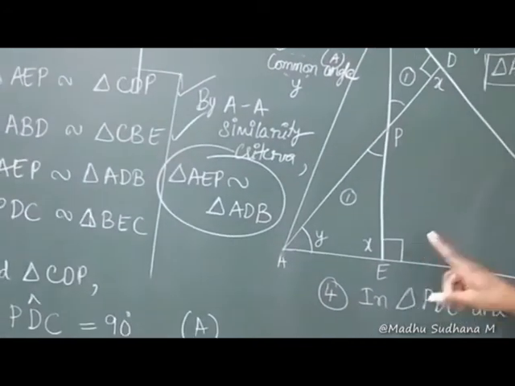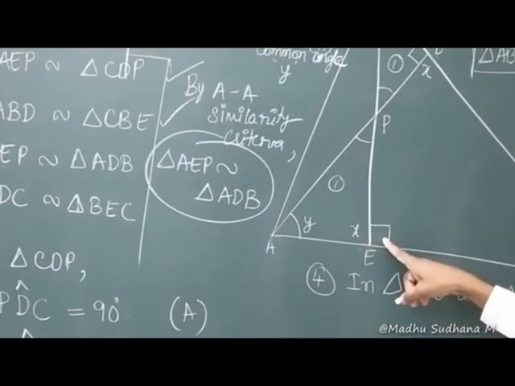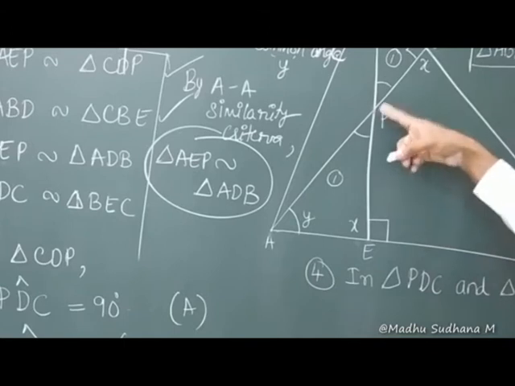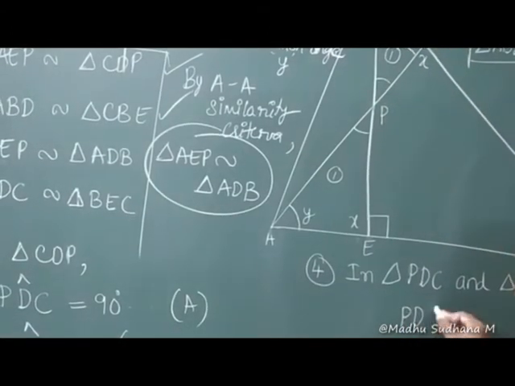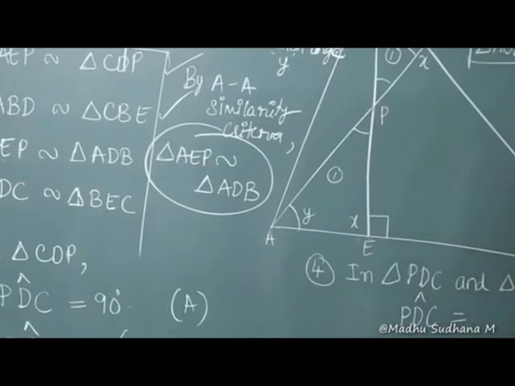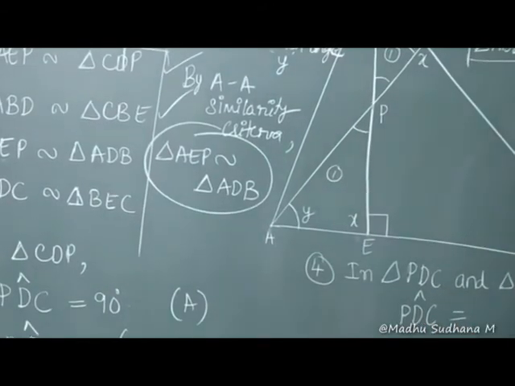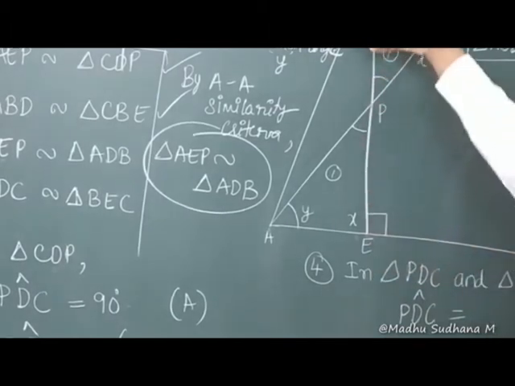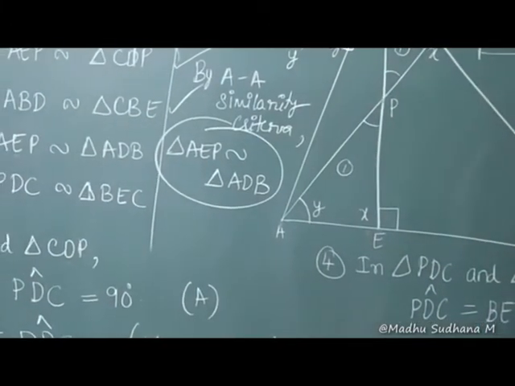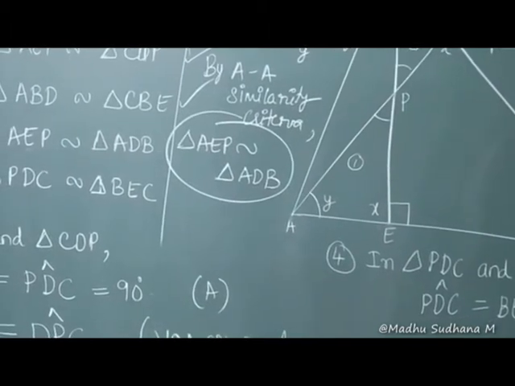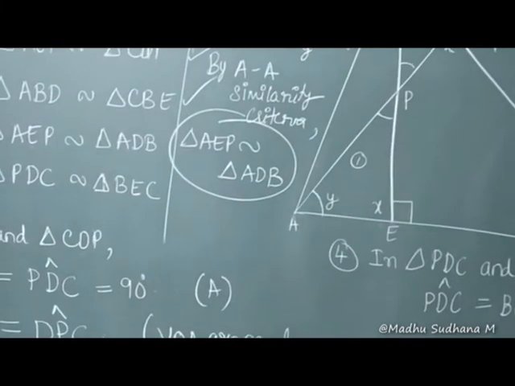Do we have any 90 degrees angle? Check that. So I can write angle PDC, which is equal to angle BEC. BEC is also 90 degrees here. So let me write BEC, which is equal to 90 degrees. So this is one angle I got.